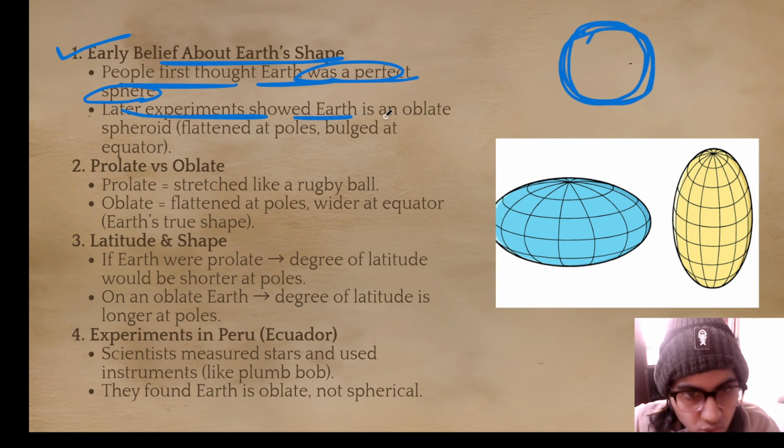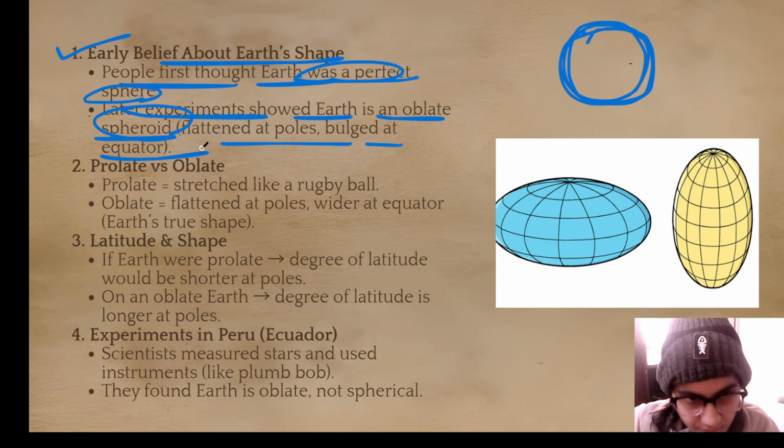Later experiments showed earth is an oblate spheroid, flattened at poles, bulged at equator. So after some experiments, we came to the conclusion, or we can say the scientists came to the conclusion, that the earth is oblate.